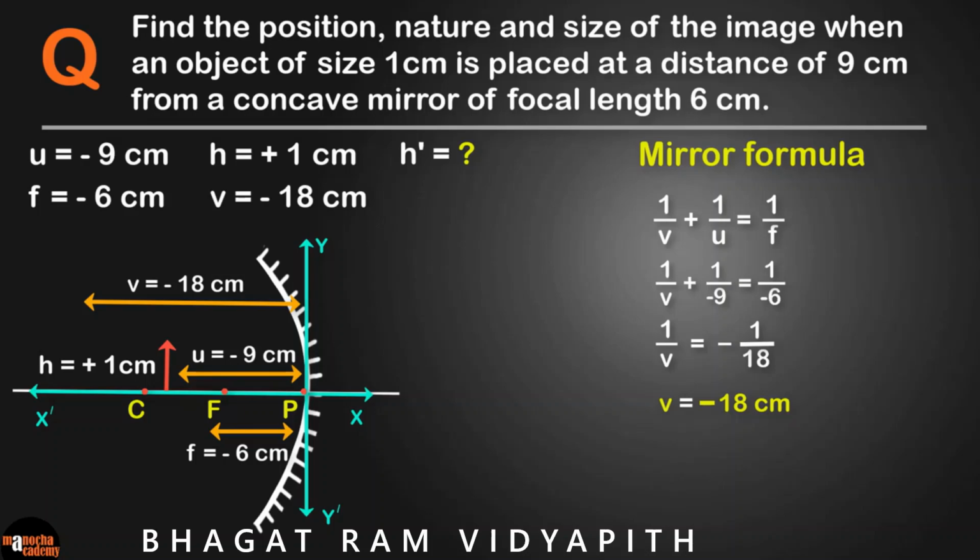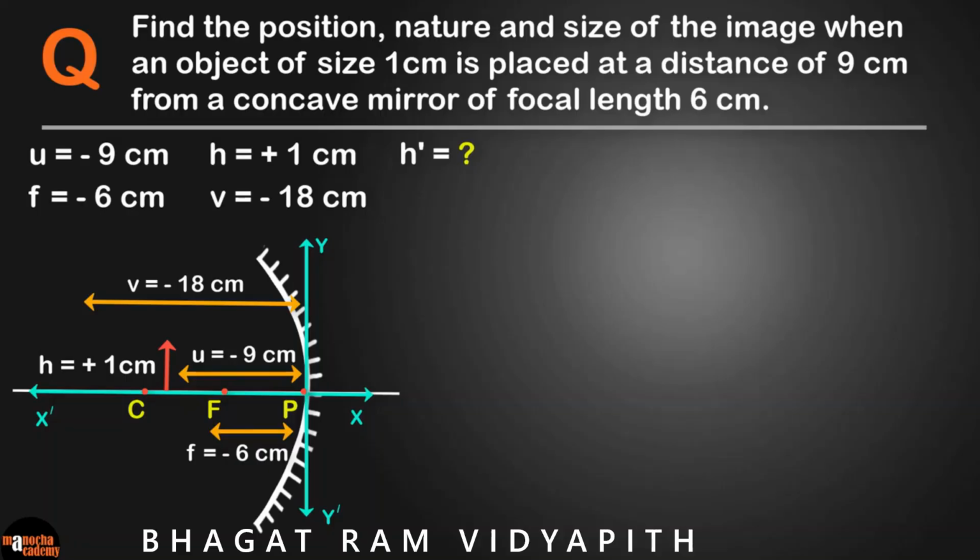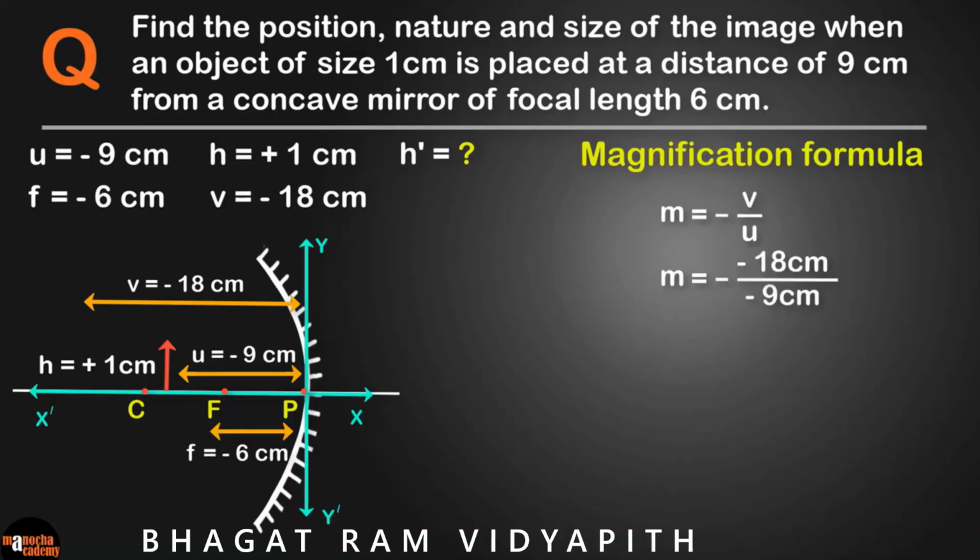To find the nature and size of the image, we need to find the magnification. Let's use the magnification formula m equal to minus v by u. Substituting the image and object distances with their sign, we get m as minus 2. To find the image height, let's use the other formula for magnification: m equal to h dash by h, where h dash is the image height and h is the object height.